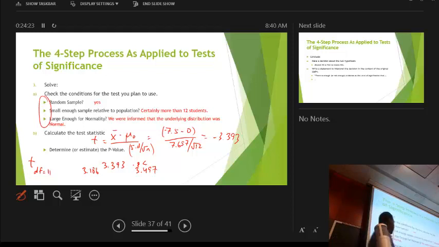So 3.393 is between 3.497 and 3.106. So the p-value is between those two numbers.